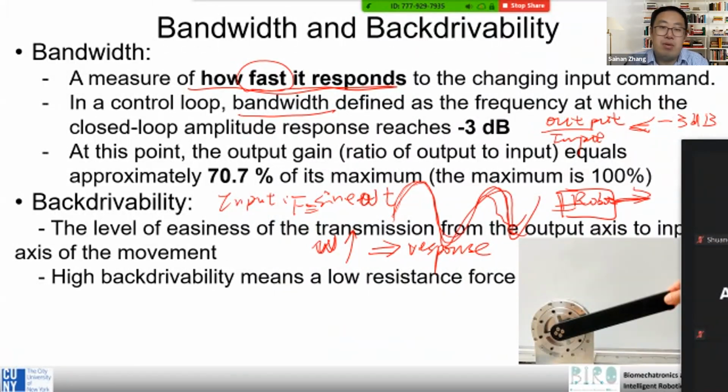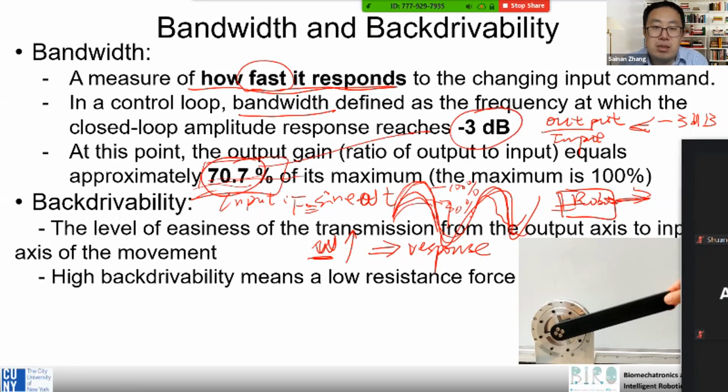But in reality, as we mentioned several times before, after some bandwidth, some omega, it can only do about 70% of the signal. If the input is 100%, the output may only reach about 70%. So we define the bandwidth at approximately 70% of its maximum, which is why this number corresponds to -3 decibels. That's how we define it.